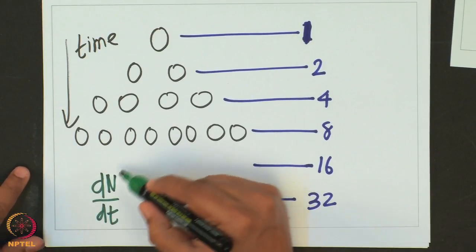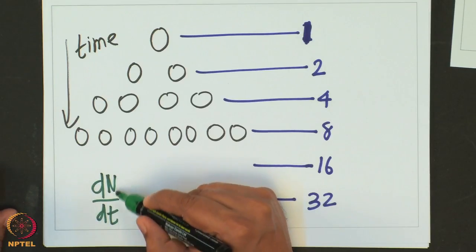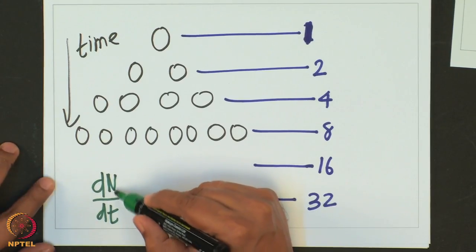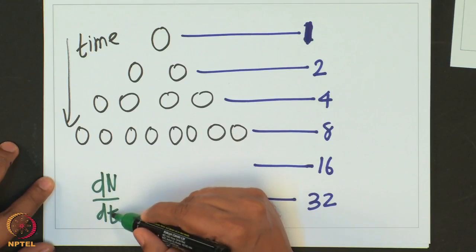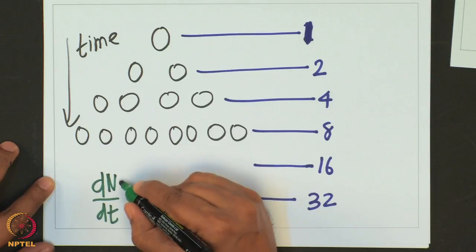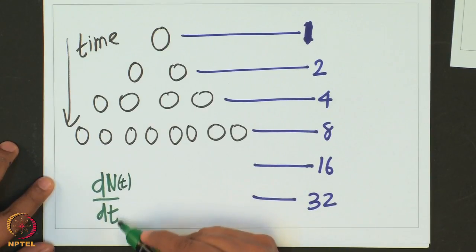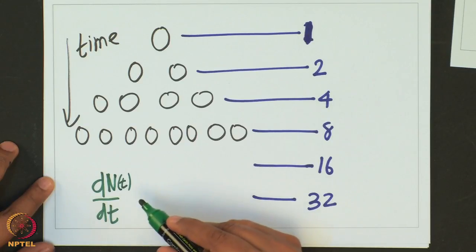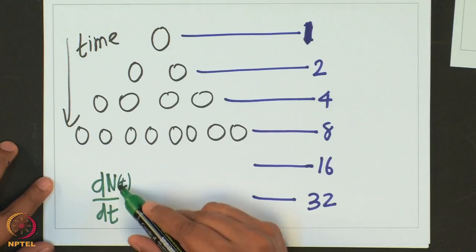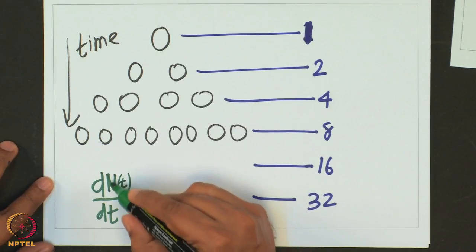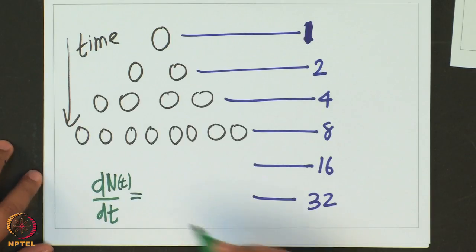Here n is the number of bacteria, t is time. dN by dt would mean how does this number n, which is a function of t, change with time? So I urge all of you to think about plotting this n as a function of t, and we are interested in how this n would change. This is the question that we have.